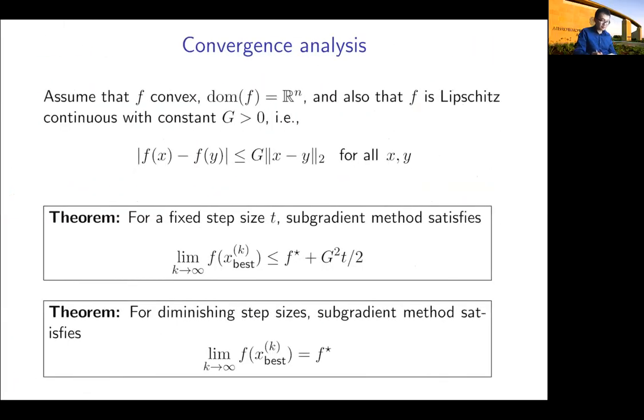Okay, so in order to prove convergence, there's one additional assumption that we'd like to make, because general convex functions can be arbitrarily pathological. You can have points where the function changes extremely quickly, and then sometimes local descent-based methods or subgradient methods will not work effectively.